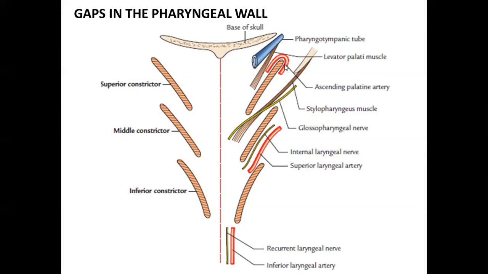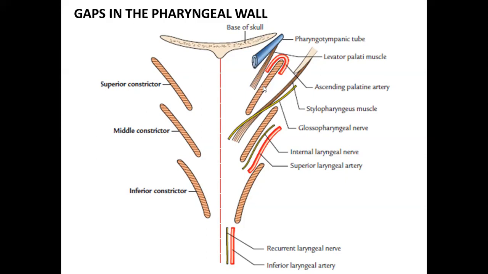So basically, four things pass through the first space, between the base of the skull and the superior border of the superior constrictor: the eustachian tube, levator veli palatini muscle, ascending palatine artery, and palatine branch of the ascending pharyngeal artery.